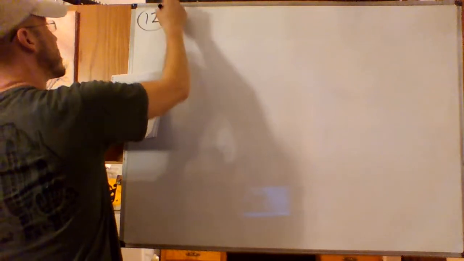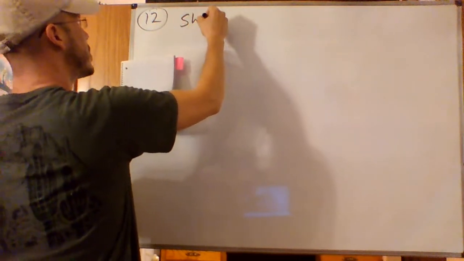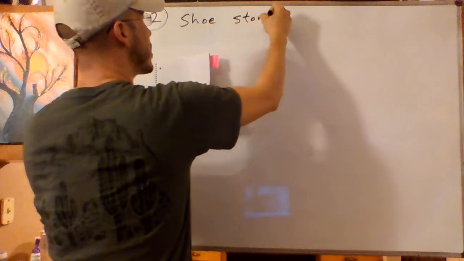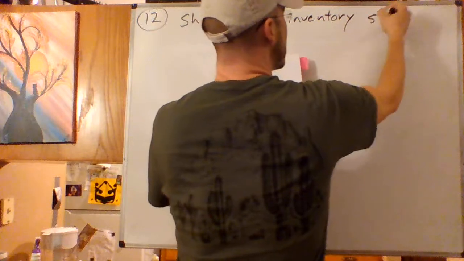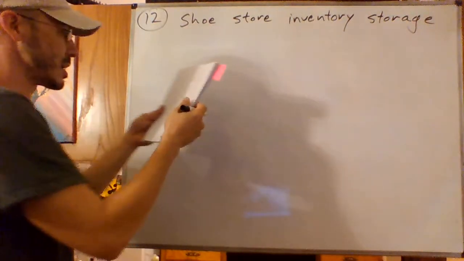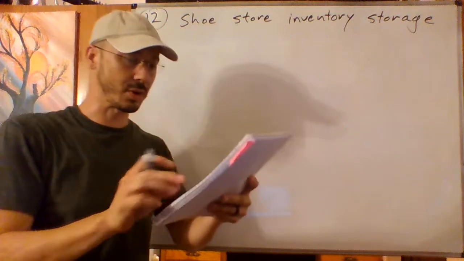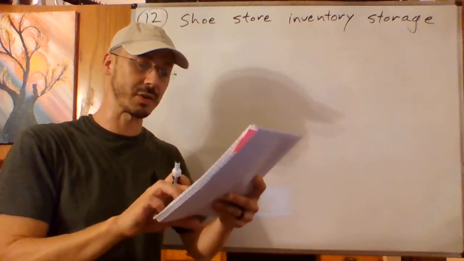I'll read the problem though. It's about a shoe store inventory, storage space. And they say that Schuster's store needs 1,100 square feet for offices and 800 square feet for shipping.